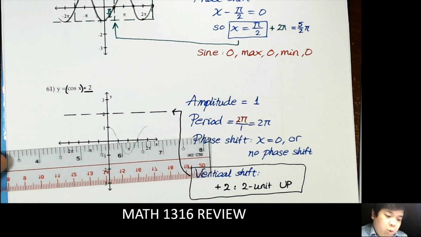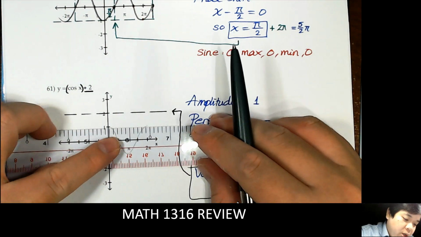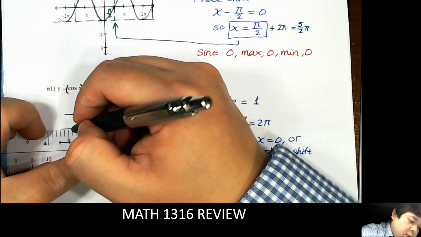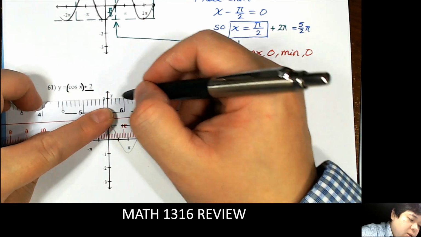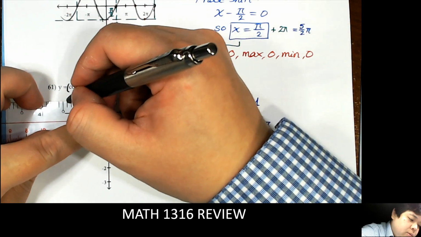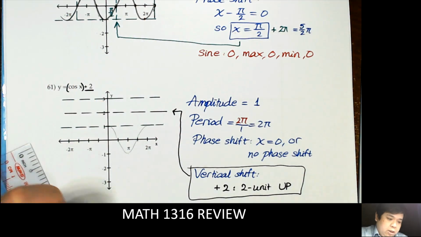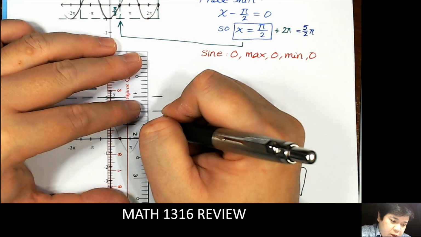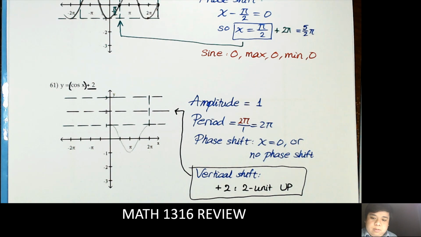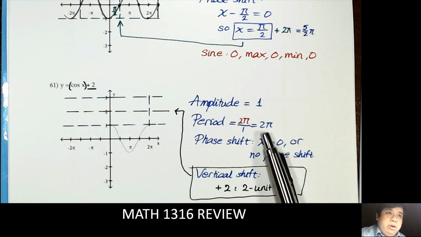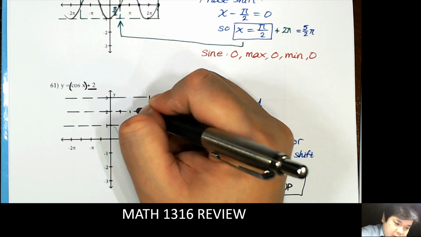The amplitude is 1, which means from that vertical shift we go up and down 1 unit. And then from 0 to 2 pi is the period. So we'll divide this into 4 equal segments, here, here, and here.